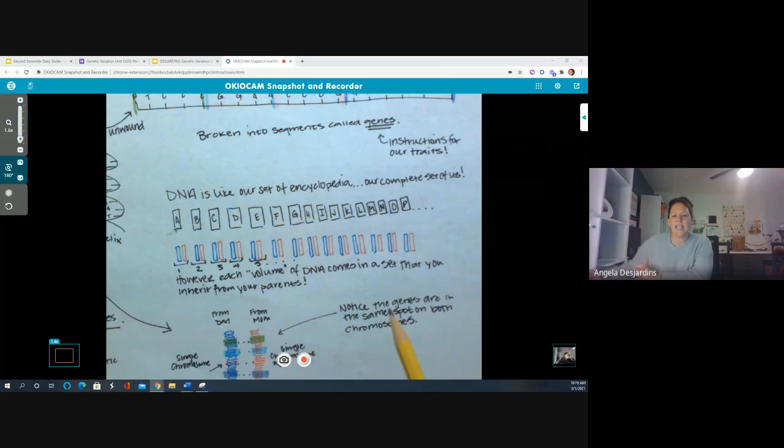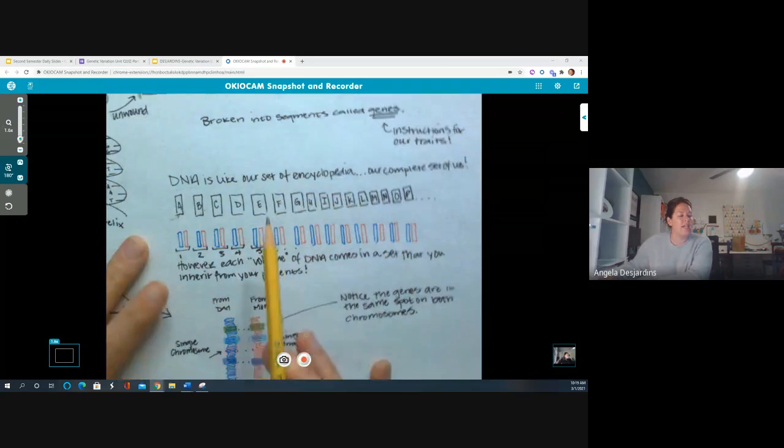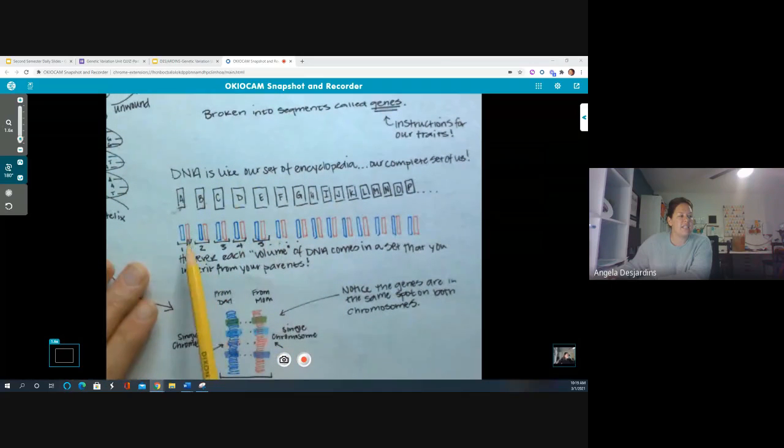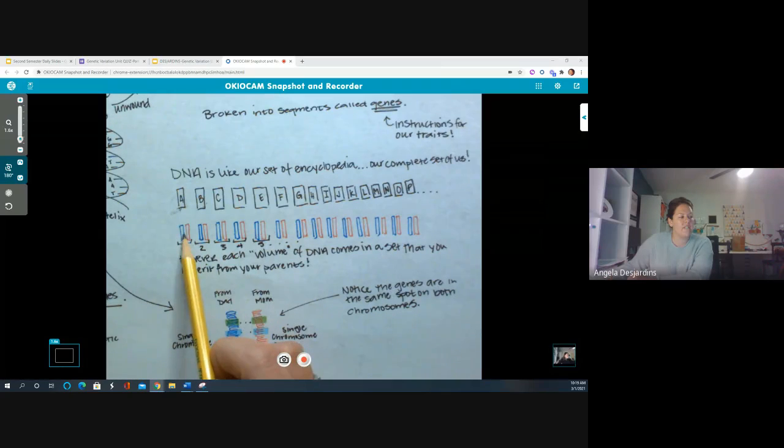DNA is really similar to this, except our DNA is organized into sets, and we don't have one for each letter. Our information is organized into two. Each volume of our DNA comes in a set that you inherit from your parents. You get one copy from your dad and one from your mom.